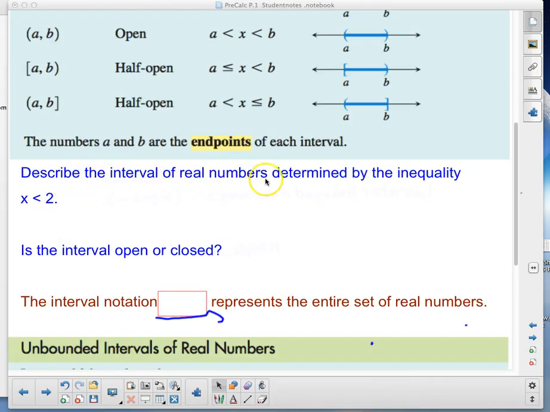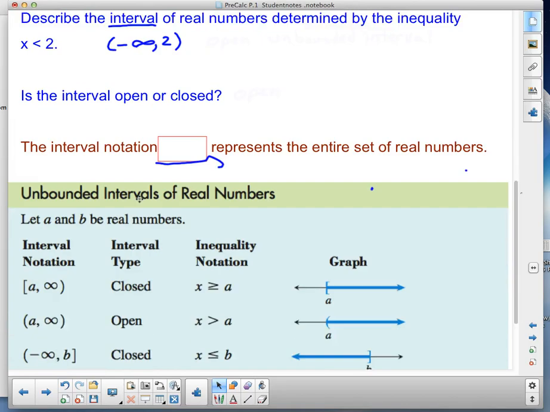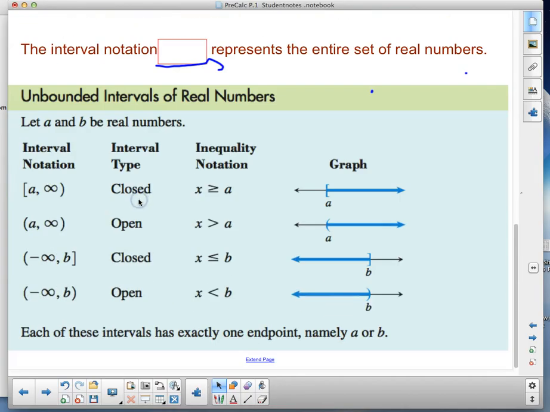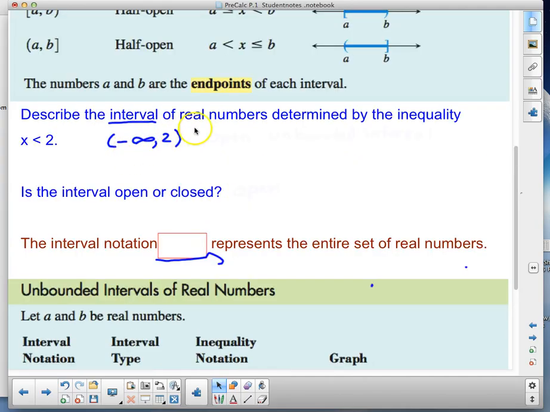Now describe the interval of real numbers determined by the inequality x is less than 2. When I write it in the set notation, the interval notation that we got above there, we're looking at the idea that it is an open, unbounded interval. Why is it unbounded? Well, let's talk about open first.